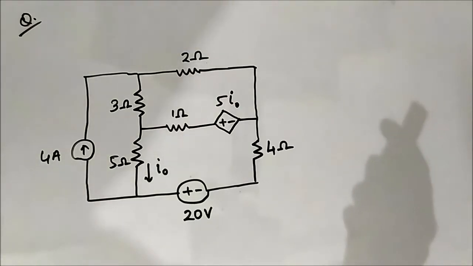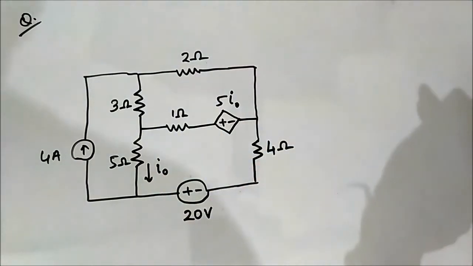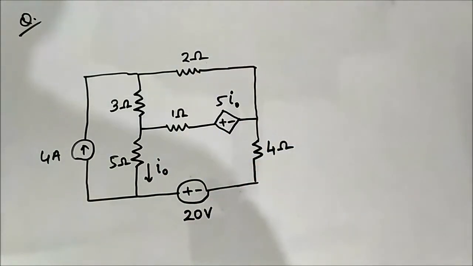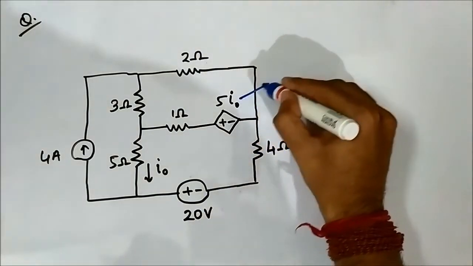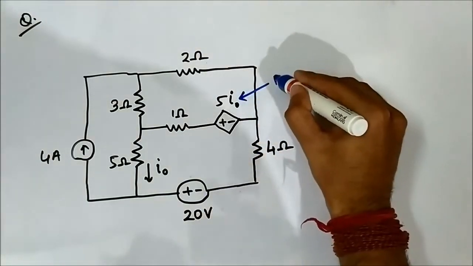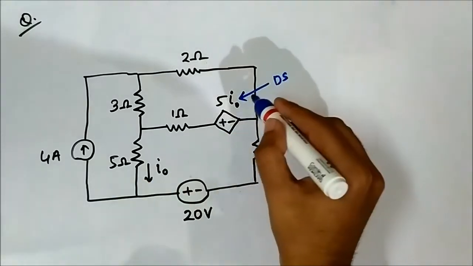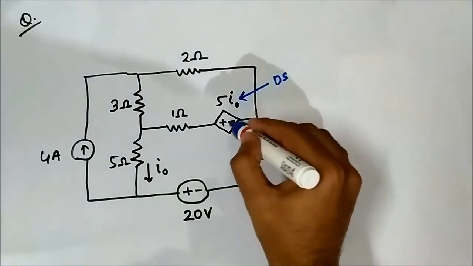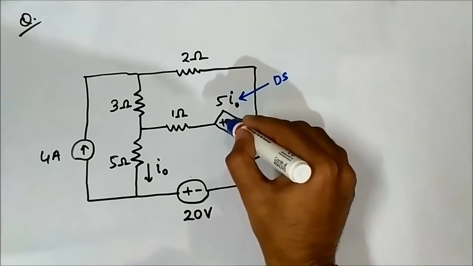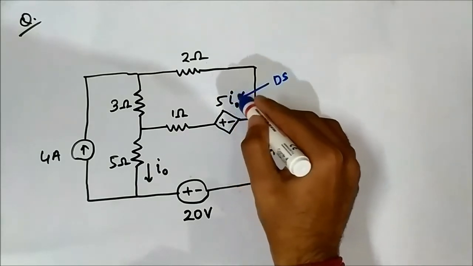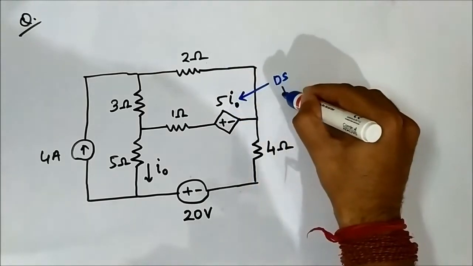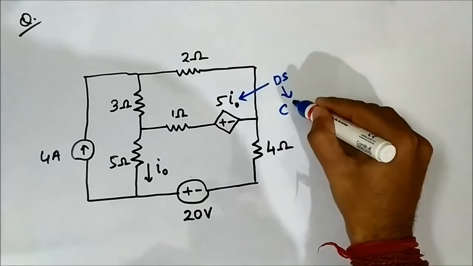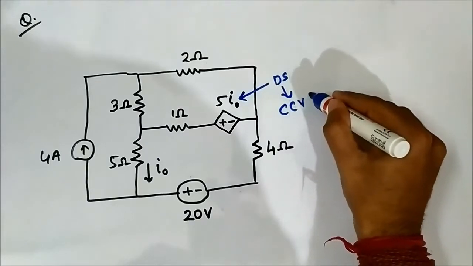Okay, so this is another question involving dependent sources, and it has the given circuit elements. The important thing to consider here is this dependent source. This is a voltage source which is controlled by a current I0. So this is a current controlled voltage source.